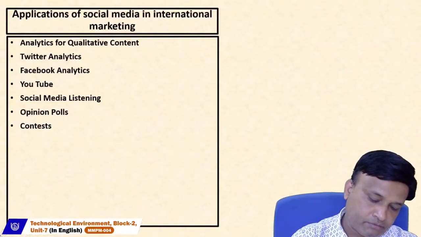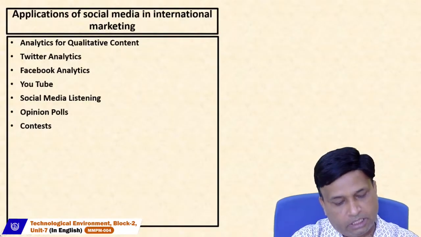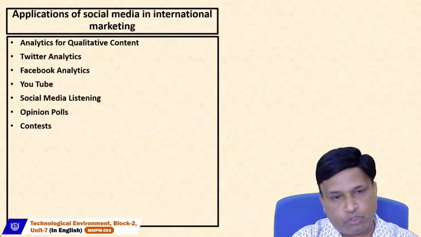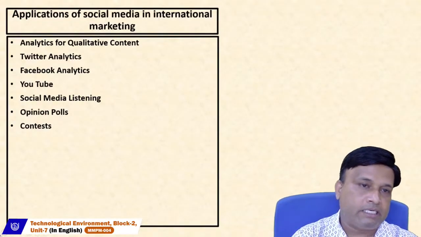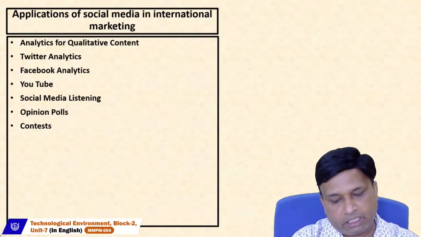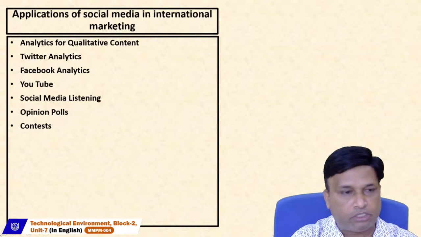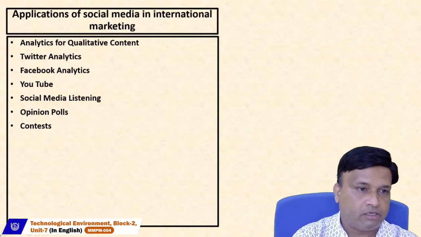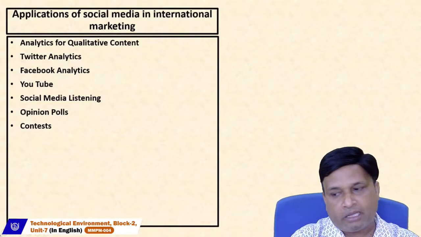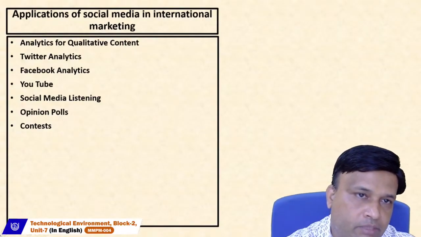Opinion polls can be taken from different customers, because you have control over social media, and you can put up a Google form and get the opinions of the customers. You can also go for contests between different companies and different parties or consumers to know their behavior patterns. That is also possible when you talk about the application of social media in international marketing.